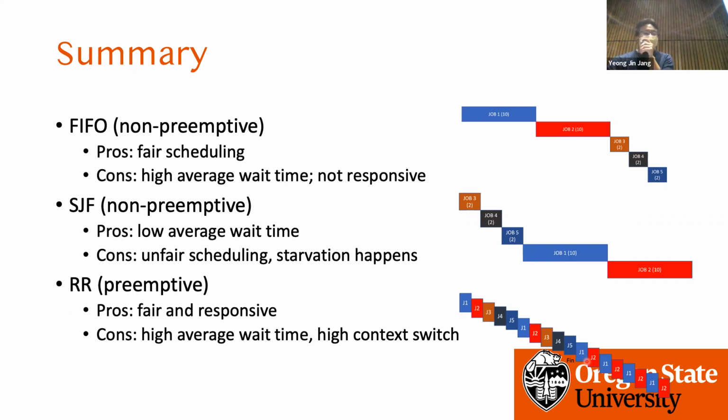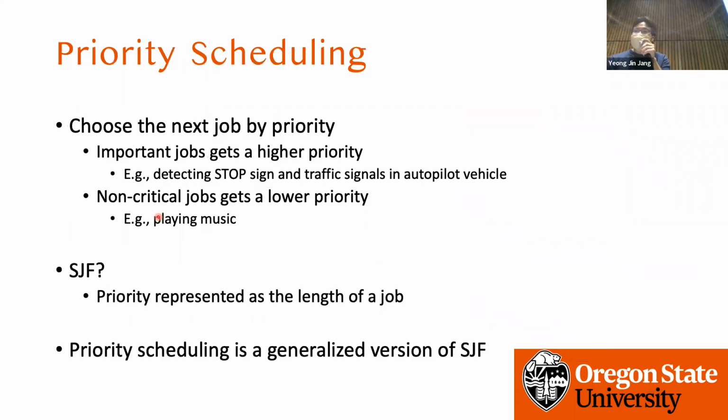From the shortest job first, you can think about how we use the job finish time as a priority for the scheduling. Then that means we can use another factor as a priority for that. So naturally, we can think about priority scheduling.